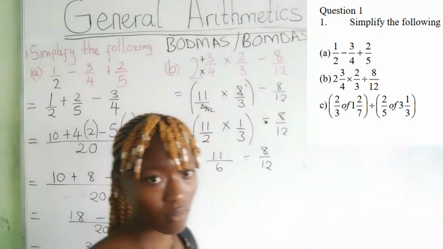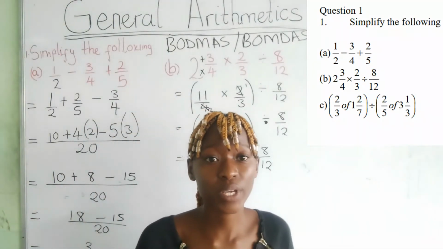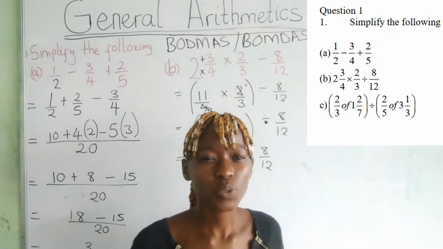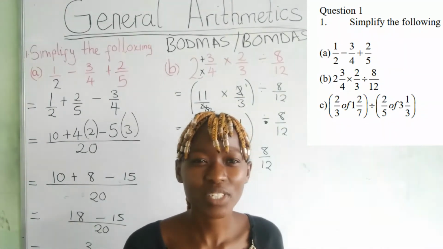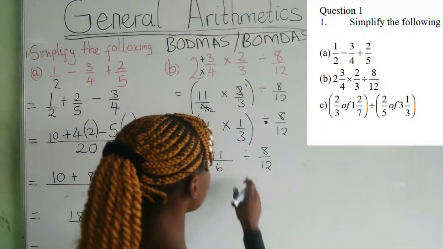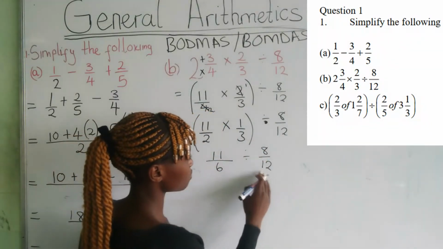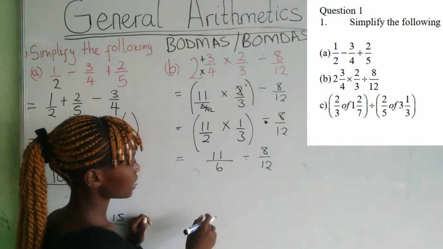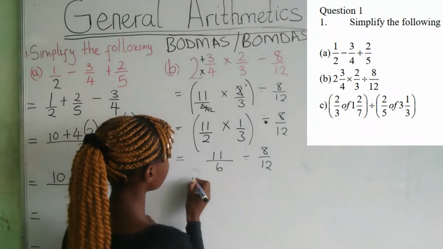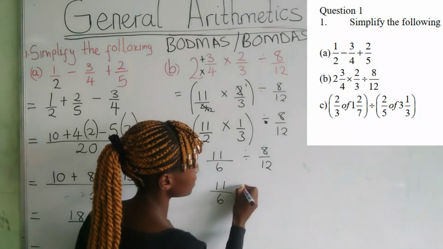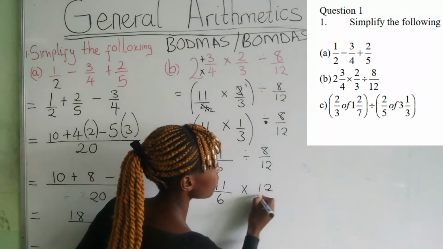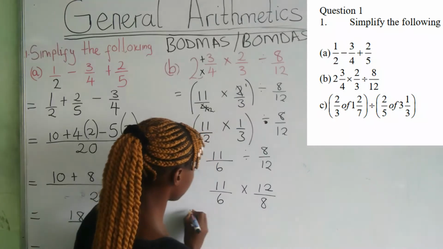But remember that for division, we change. Hey, I'm forgetting what we did. But for division, we would change this part, and we say it is equal to 11 over 6 times 12 over 8.